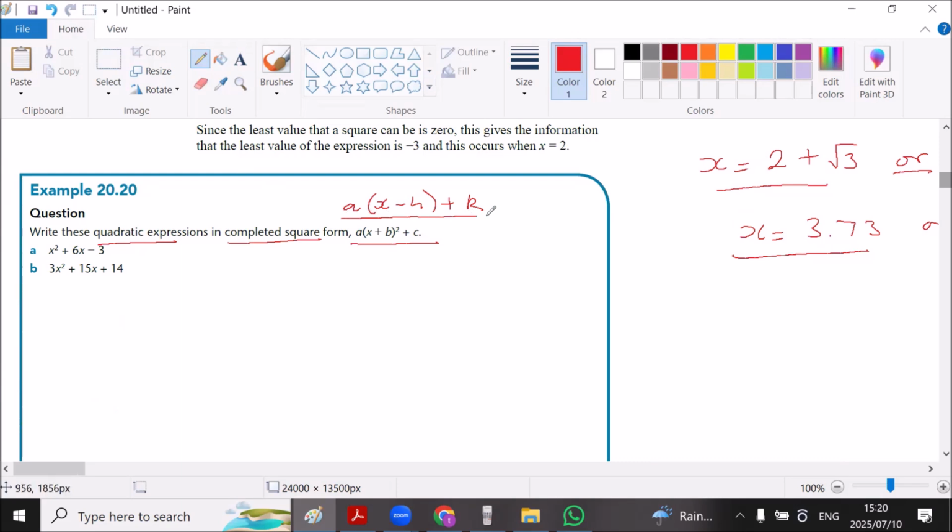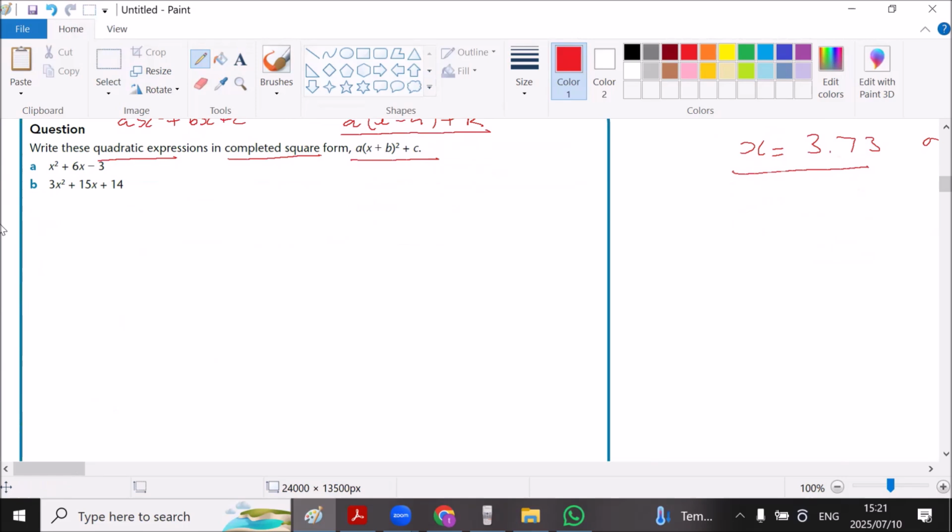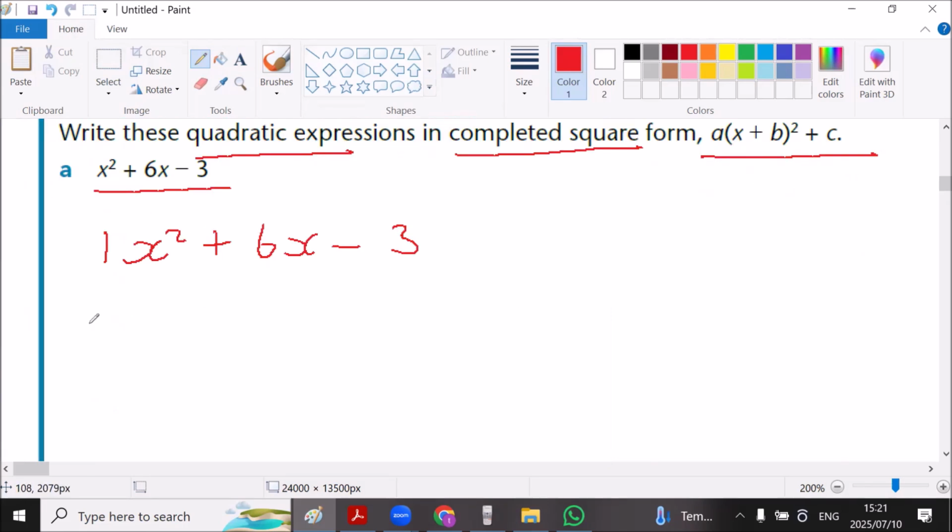So we'll just use this form that we know. So for a, we can write this expression as 1x squared plus 6x minus 3. Then we'll say a is equal to 1, b is equal to 6, and c is equal to minus 3.